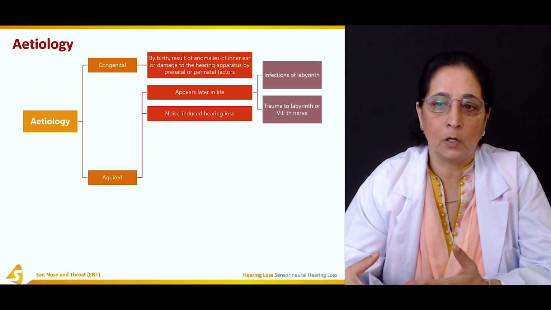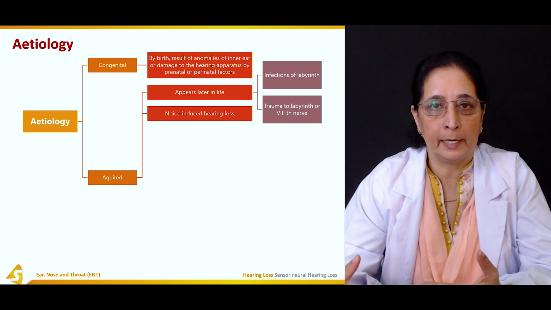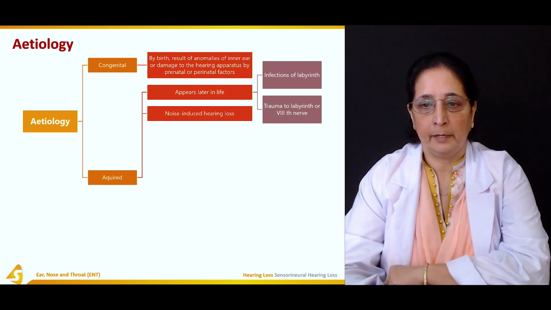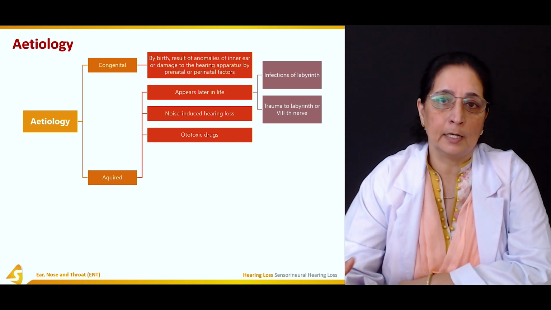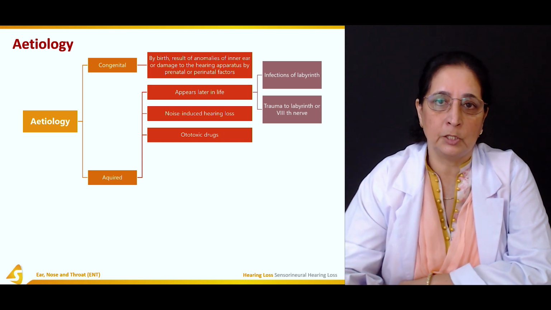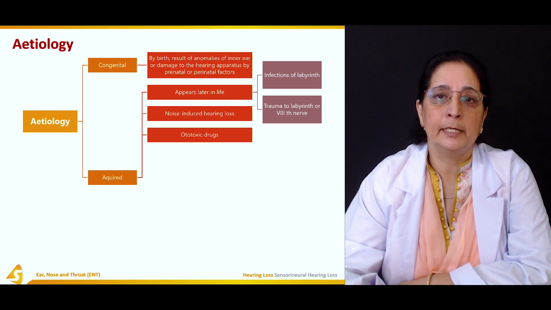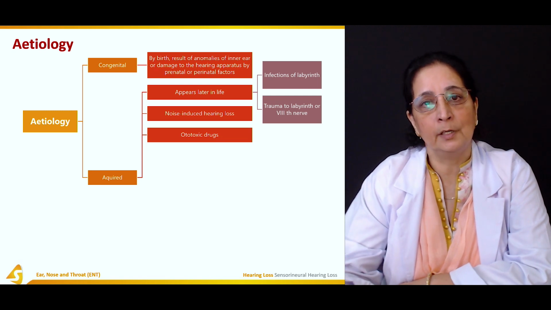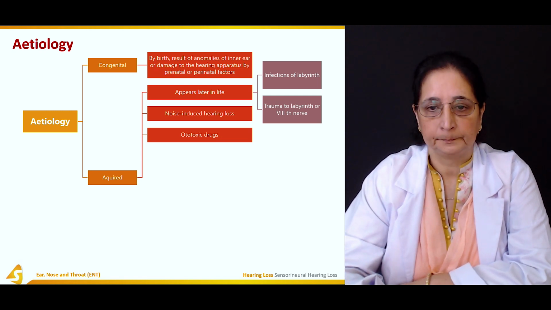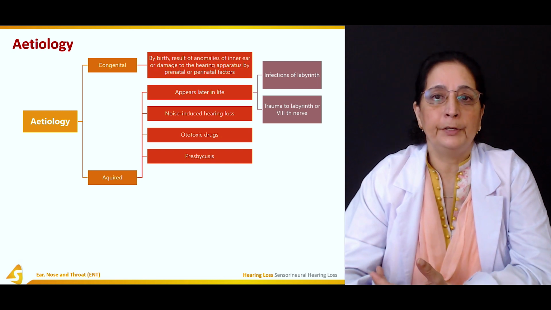All these are causes of acquired sensorineural hearing loss. Ototoxic drugs: different drugs are toxic to the ear, and that toxicity can cause hearing loss, mainly sensorineural hearing loss. Then we have presbycusis.